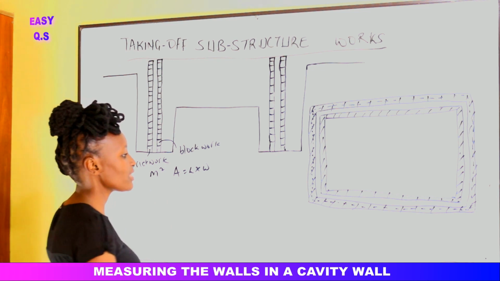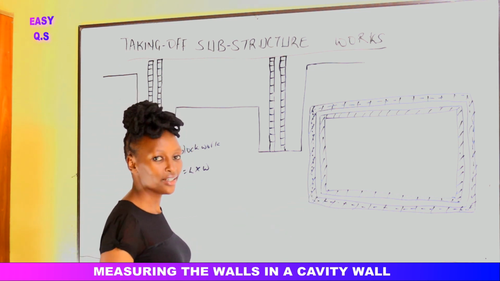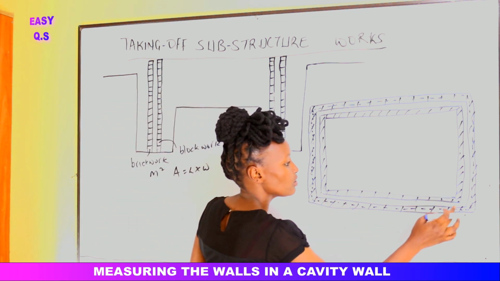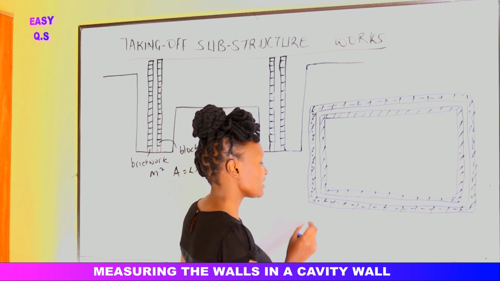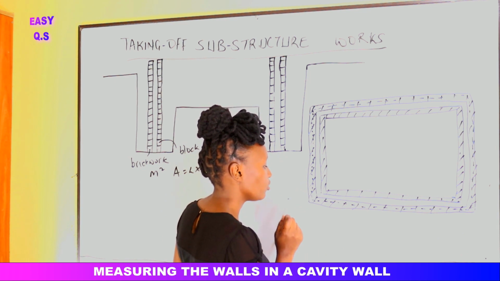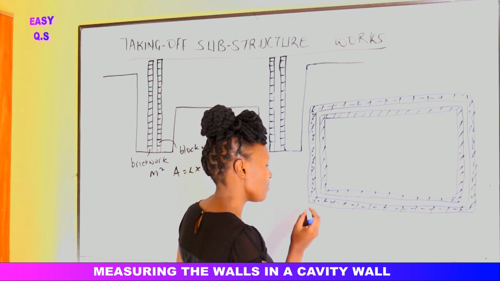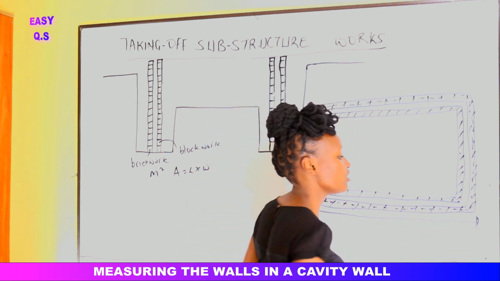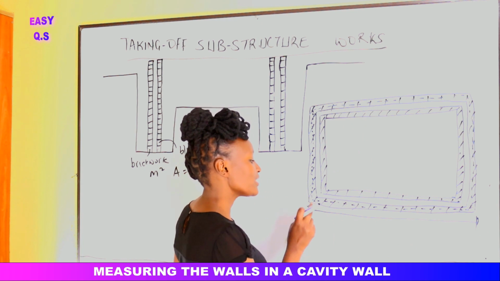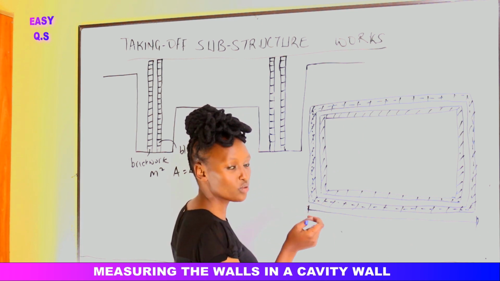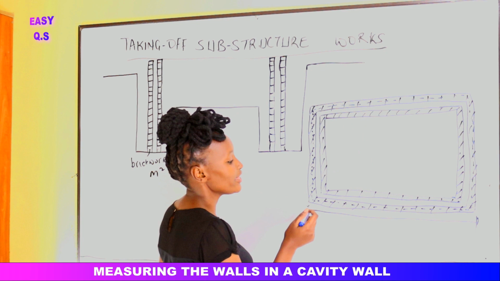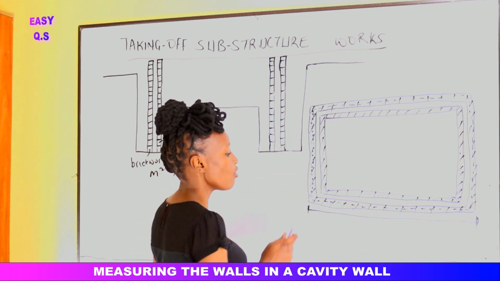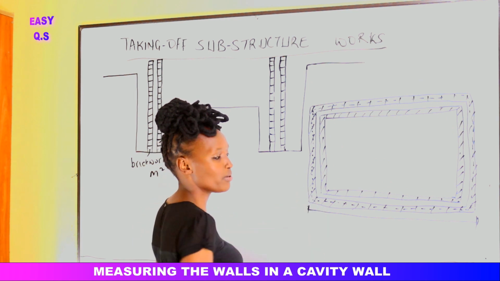So we shall take the center line of the brickwork, assuming we have been given the dimensions from here to here, so that we can get the center line for this brickwork. Or assuming we had the external dimensions from here up to here, the external dimensions of the house. To get the center line for the brickwork, what do we need to do? We need to find the external perimeter, then we deduct number of corners times the thickness of the brickwork.